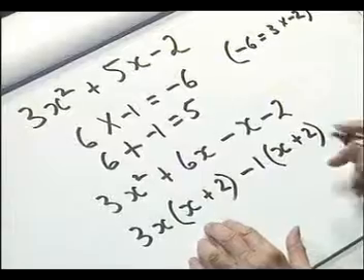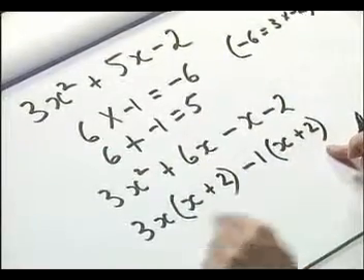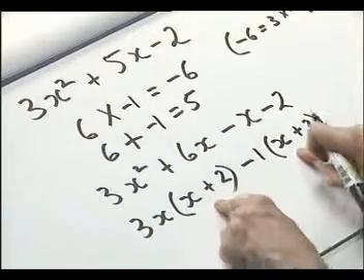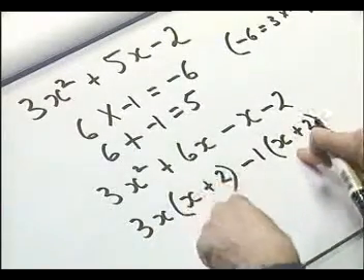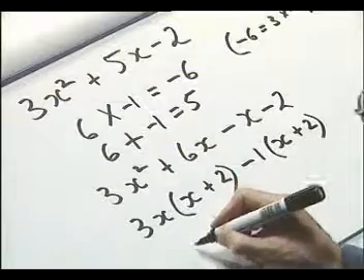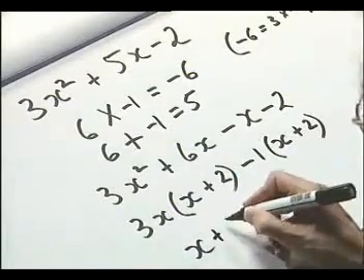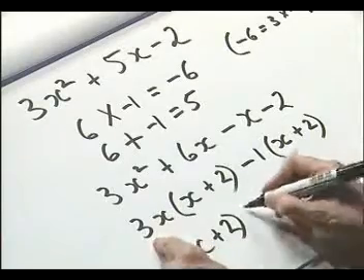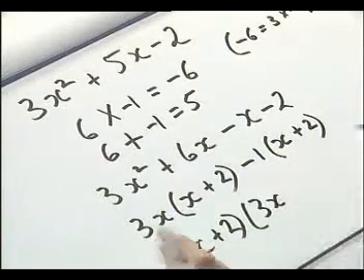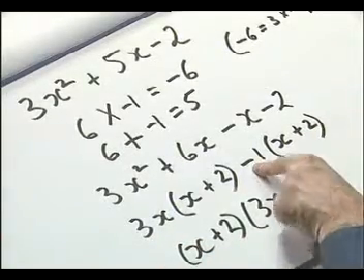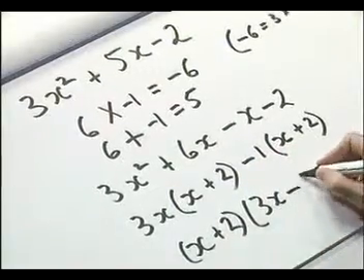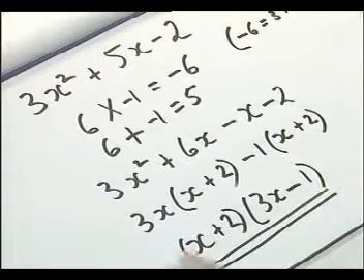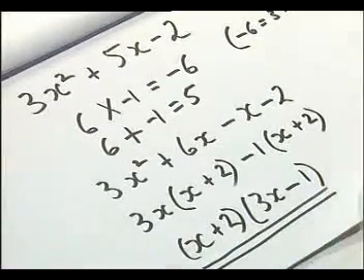So now I've got these two lumps of algebra again, and each lump has the same factor in it, this common factor of x plus 2. So I'll take that one out, x plus 2, and I've got x plus 2 multiplying 3x, and x plus 2 multiplying minus 1. And so there's the factorization of the expression that we began with.